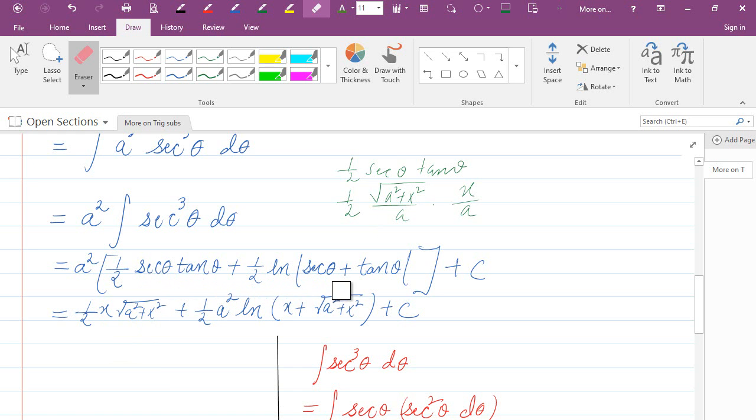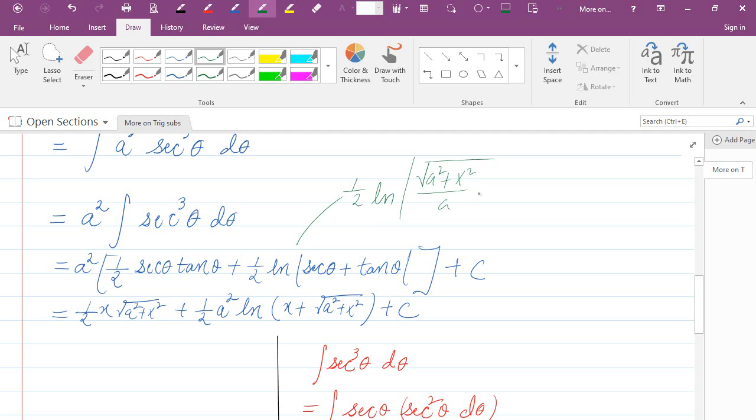Similarly, for the second term, I have to plug in. I'm just calculating the second term here. So this would be half ln of root of a squared plus x squared over a plus x over a, like this.